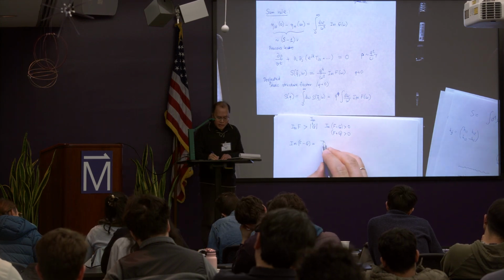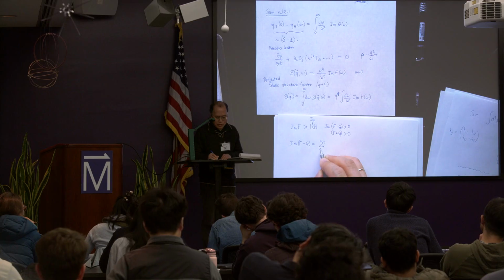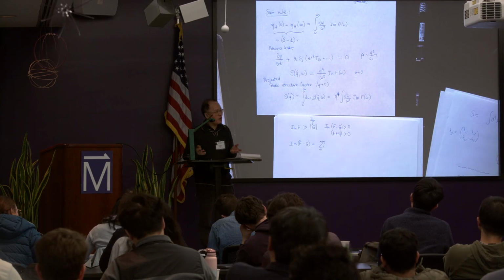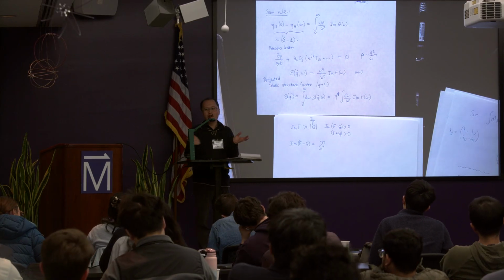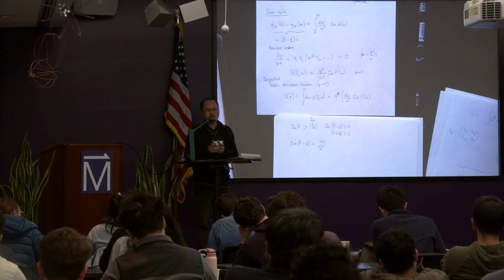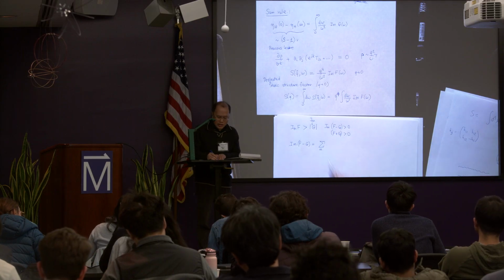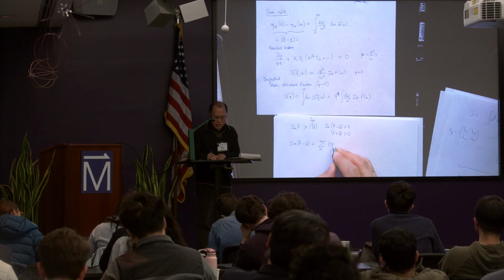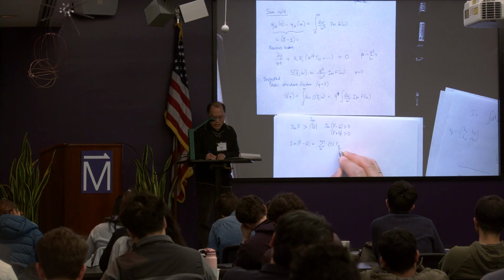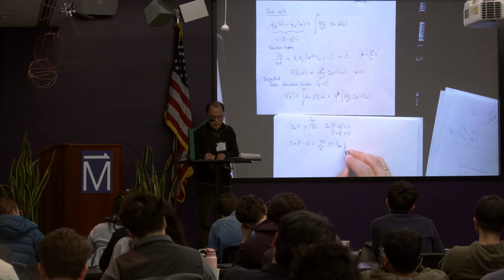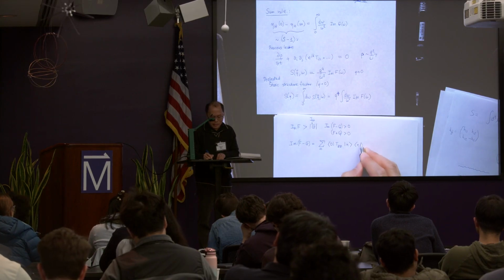This is the sum over all intermediate states. Because it's a 2-point function, the imaginary part of a 2-point function is some kind of spectral density. So it turns out that f minus g is the spectral density of the operator that we can call T_zz-bar.